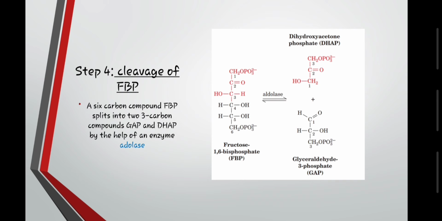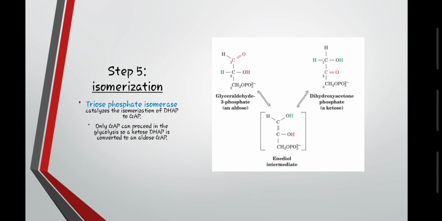This process is catalyzed by aldolase. So it's like you are splitting fructose 1,6-bisphosphate into these 2 trioses. Trioses just indicate hydrocarbons having 3 carbons. So that's it for step number 4.